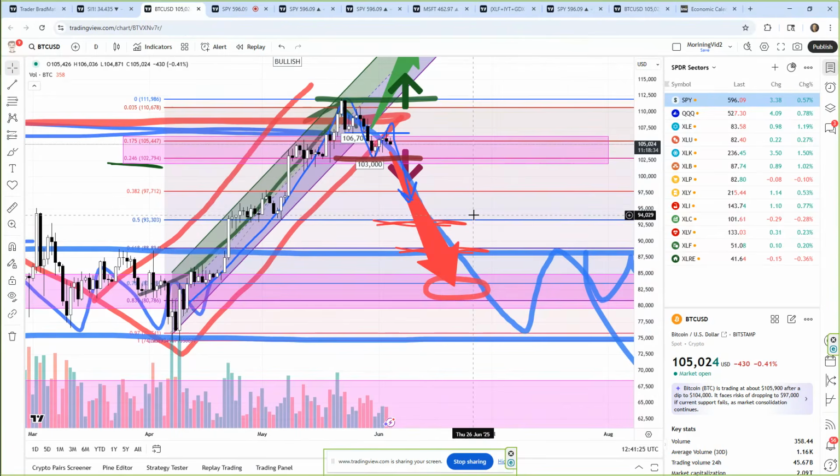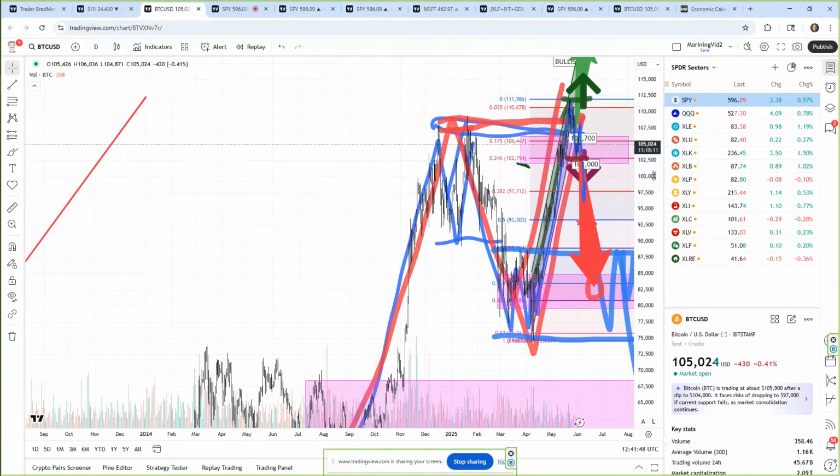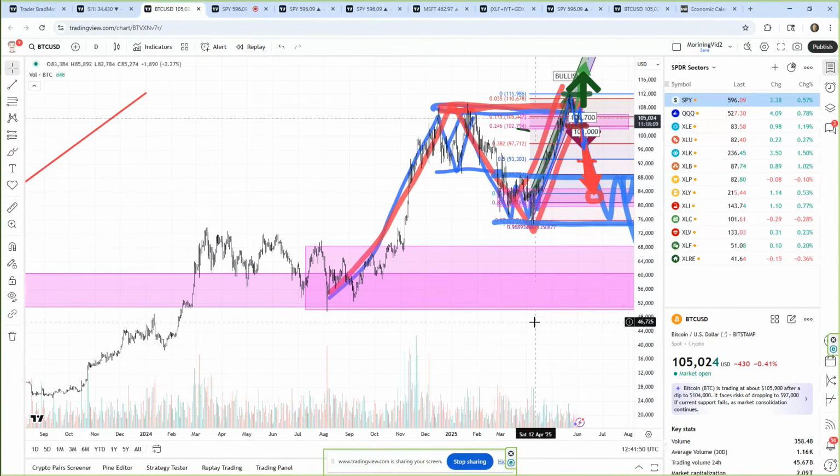So that puts us at 93 to potentially 88 to potentially 82, 80, 81, 82 to the downside if we get this breakdown. And this breakdown would set up perfectly with my May 20th call that Bitcoin is rolling into a double topping formation, just like I suggested in that video.